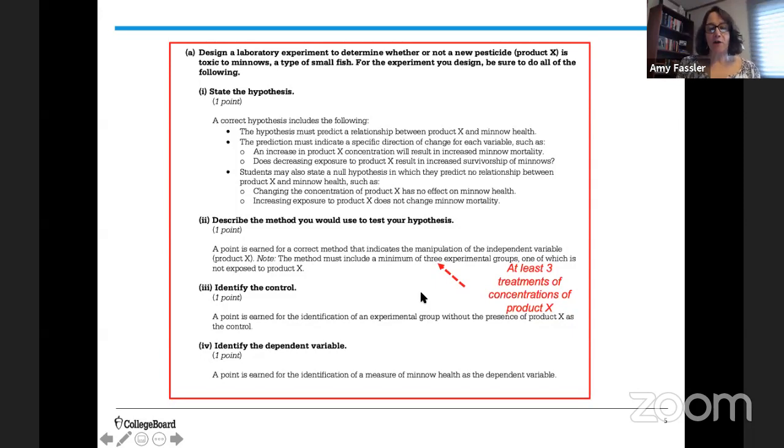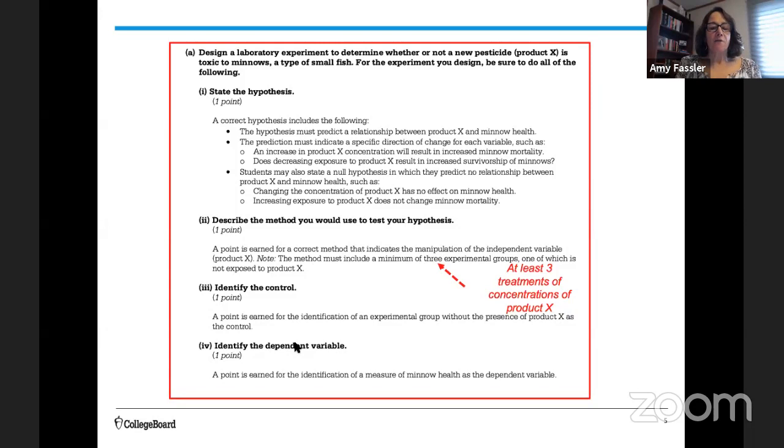And at least one of those is a group that's not been exposed to product X. So what we mean by that is I need to have a group that got no exposure to product X. And then in this rubric, I needed at least 2 other concentrations so that I don't just have no product X and a lot of product X. I'd like to hone in a little bit more on what concentration was harmful.